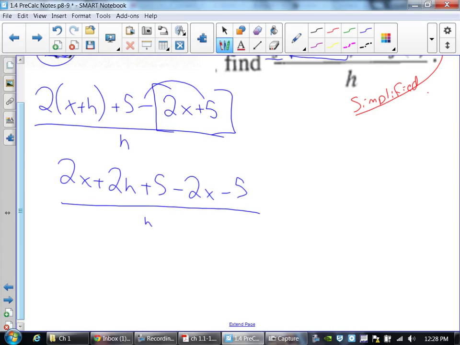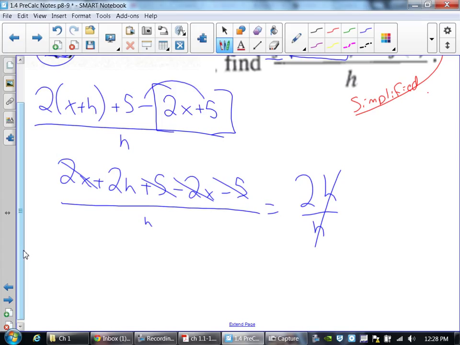Nice, you see where I'm going with this. What drops out? The 2x drops, and the 5's drop, and I'm left with 2h over h, so my answer is 2. So the difference quotient of my original function, f of x equals 2x plus 5, equals 2.